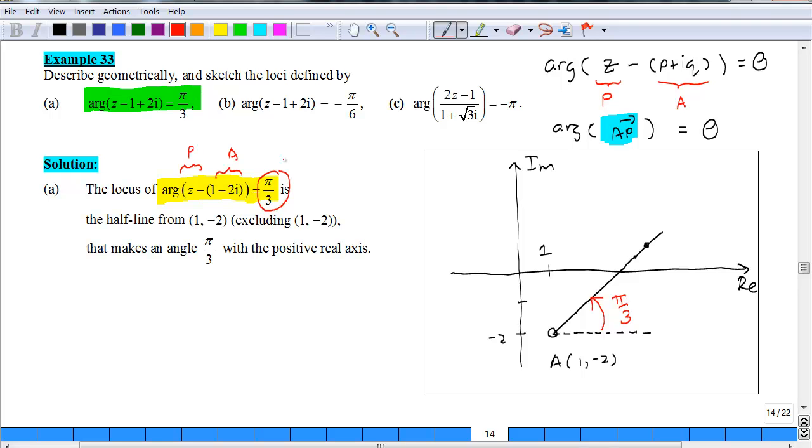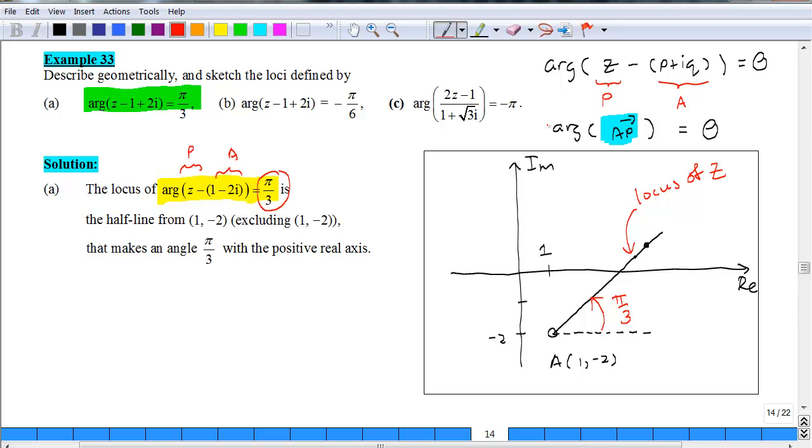So the locus of the complex number Z is all the points on this line, starting from A and continuing infinitely, but it does not include the point A itself.